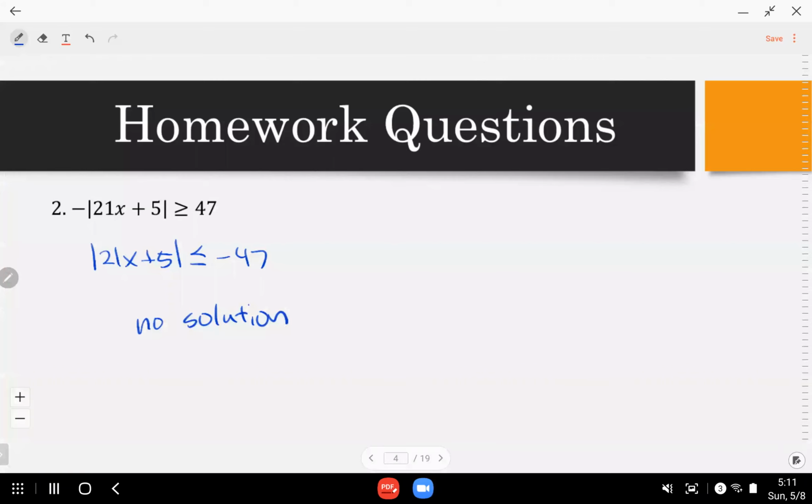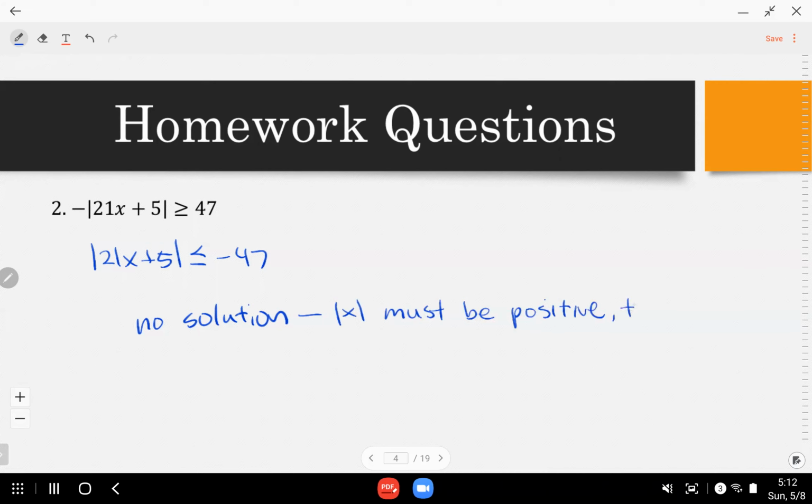It's no solution because the absolute value of something has to be positive, so it cannot be less than a negative number. Great, great. So the absolute value of something must be positive, right?